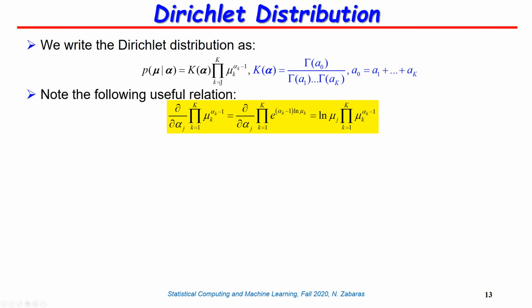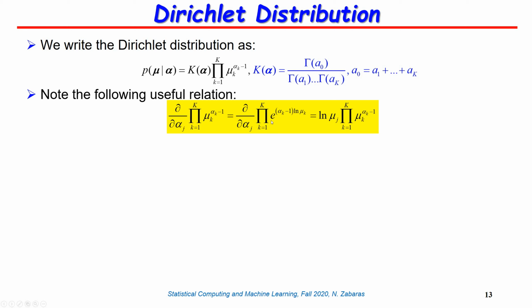I'm taking derivatives of this product in my PDF with respect to one of the coefficients alpha j. Alpha j can be 1, 2, or capital K, so I will take the derivative with respect to one of those. To take the derivatives easily, I am writing mu k to the alpha k minus 1 as the exponential of alpha k minus 1 times log of mu k, and then you have a product of this from k equals 1 to capital K. Only one of these terms has an alpha j in it.